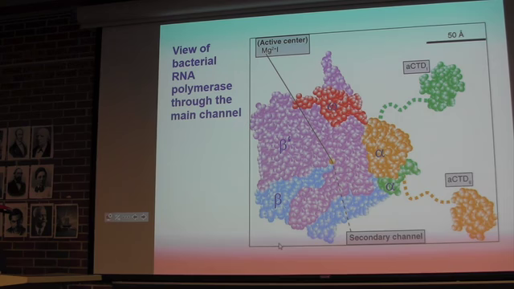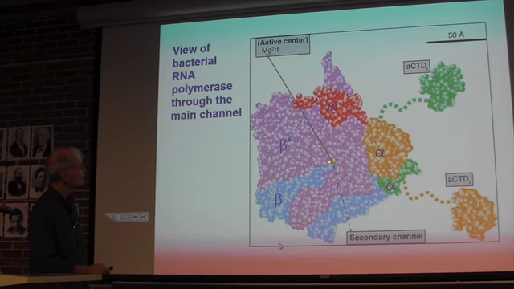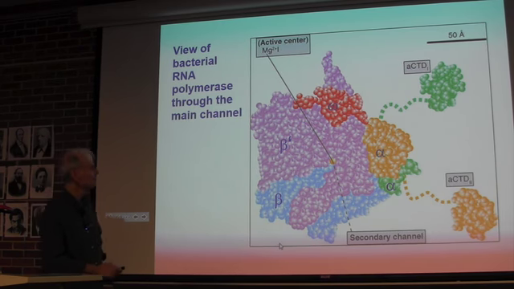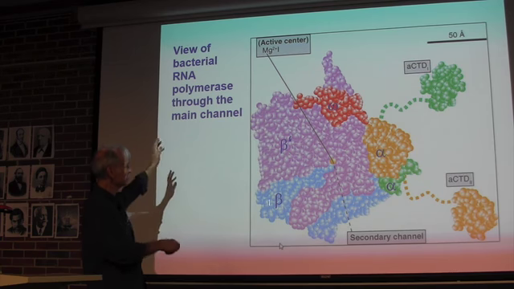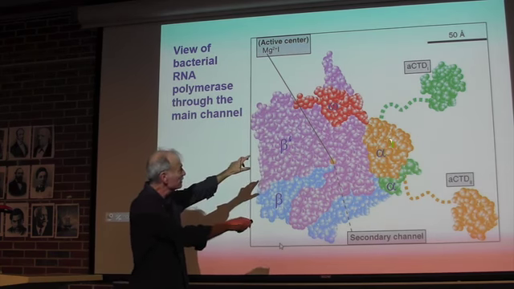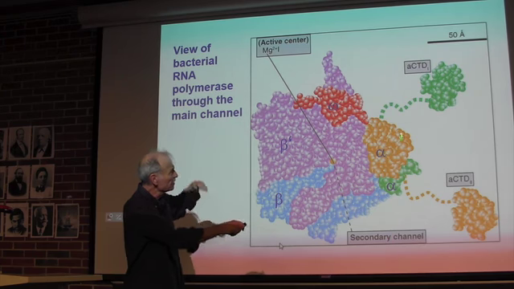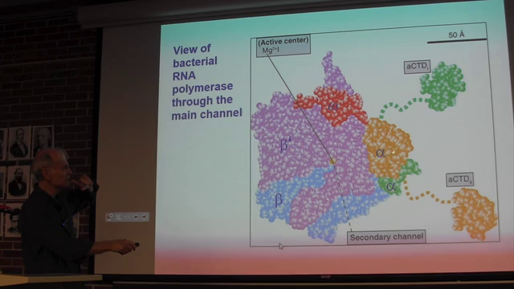Here you see another view, and I've seen this on exams before. That's that magnesium ion, but this is flipped around the other way, so the DNA channel must be on this side, the beta prime, the beta. These 2 subunits here, the alphas, are now a little bit more clearly seen in their true nature.